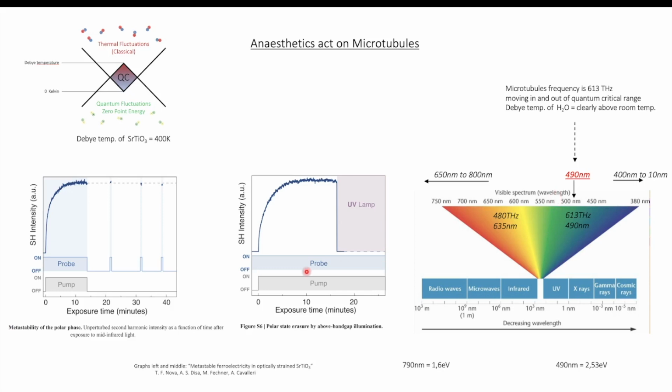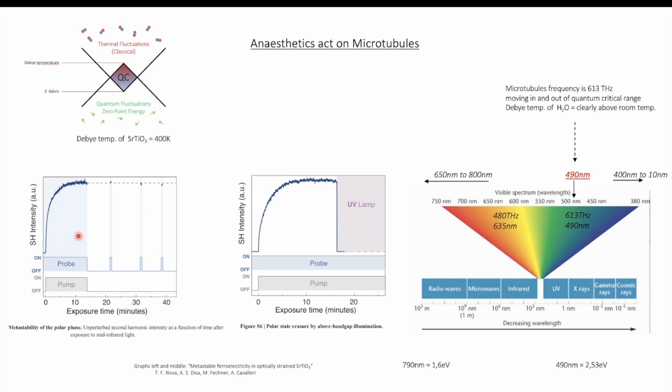Now, let's start on the left-hand side with strontium titanate. Strontium titanate has a Debye temperature above room temperature, depending on the literature 400 K, or even above 500 Kelvin. This chart on the left-hand side looks at strontium titanate at low temperatures, where it is in an orthorhombic to rhombohedral phase, but still in a paraelectric state.